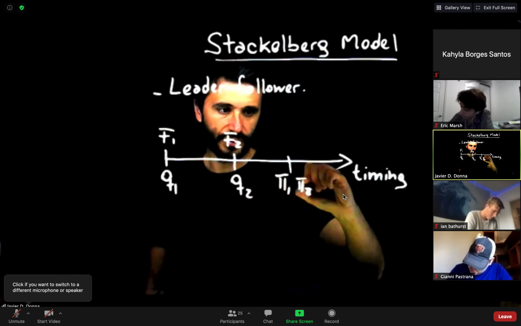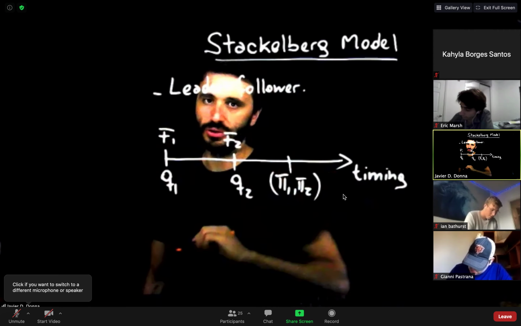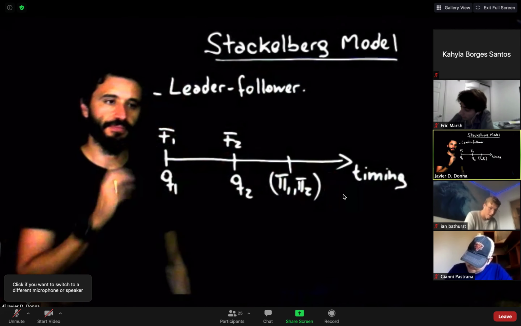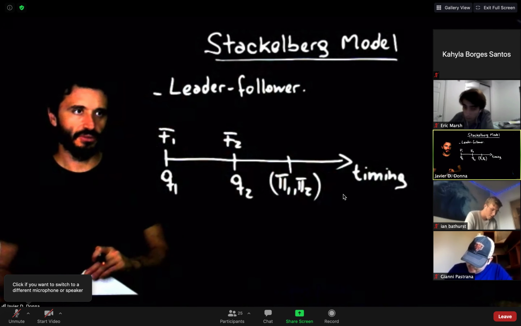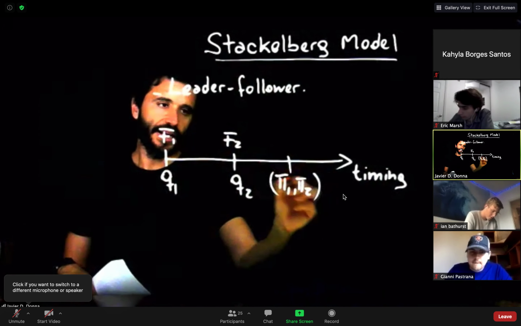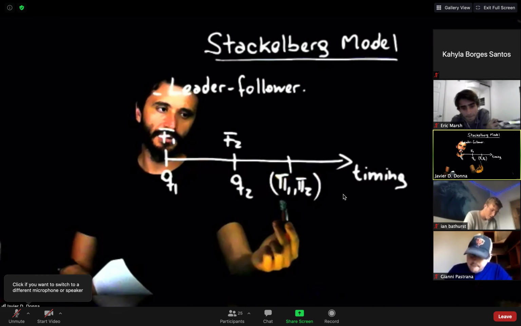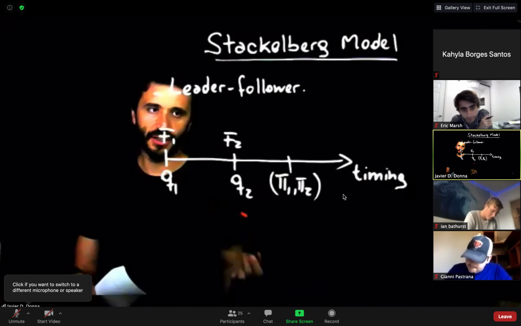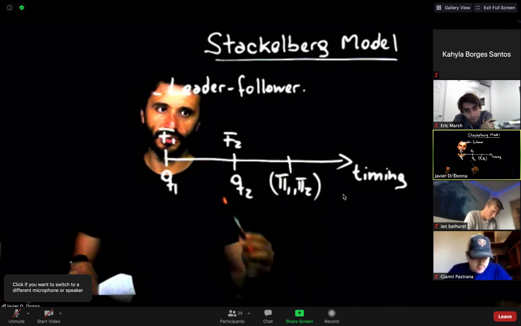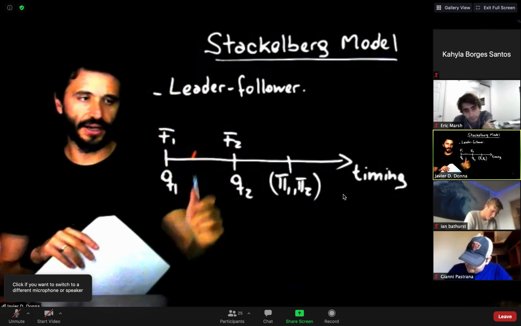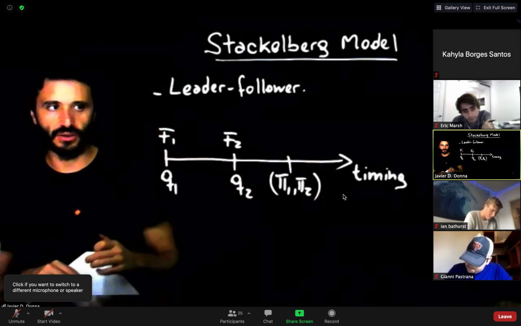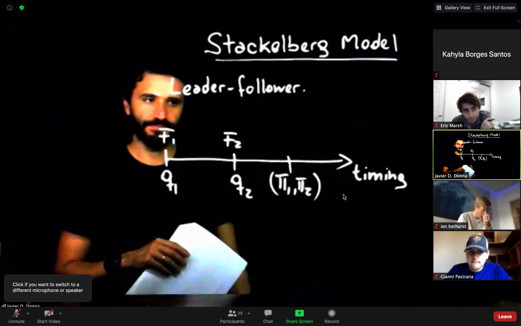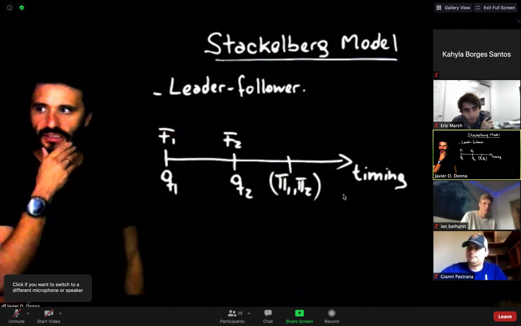So firms get their profits, and then the world ends. They're going to play this game just once. So here nothing happens in this last step. I'm just trying to say that after Firm 2 chooses quantity Q2, the firms get their profits. So really there are two stages, and the profits happen after the second one. So that's the setup. Is this clear?